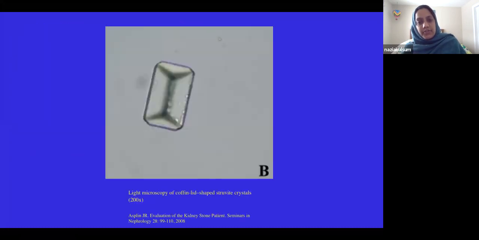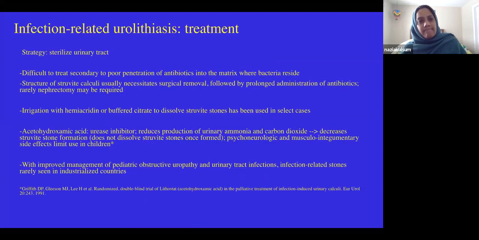So that's the coffin lid shape for the struvite stone. As I said, for infection-related urolithiasis, the main thing is to sterilize the urinary tract. And it can sometimes be hard, especially if those kids are colonized. So remember that. The second thing is to irrigate the bladder, make sure they're drinking lots of water, and draining their bladder more adequately.